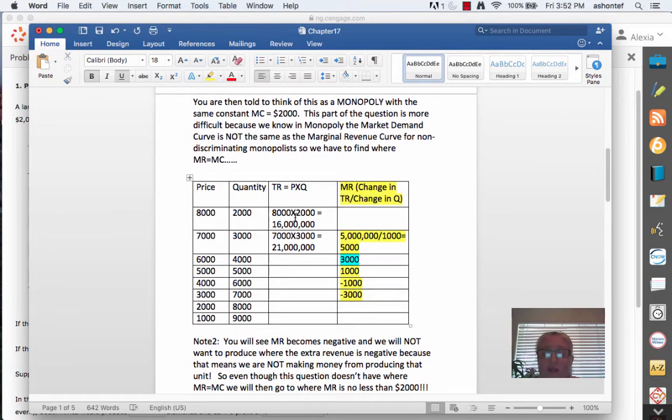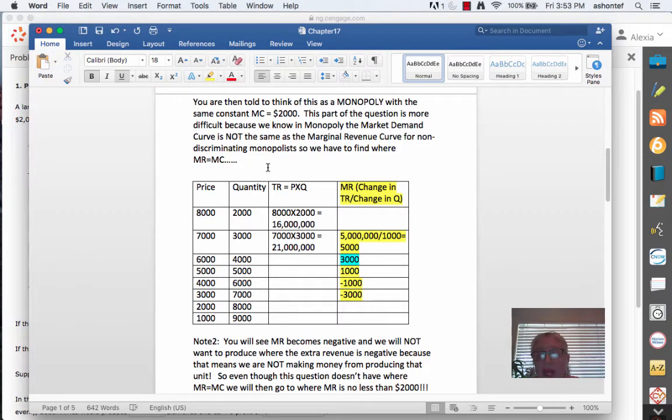What I'm showing you here in this table is you need to add in 2 extra columns in order to figure out total revenue, and then figure out your marginal revenue. As a reminder, we've got to find where marginal revenue equals marginal cost. That's the optimum place to go.